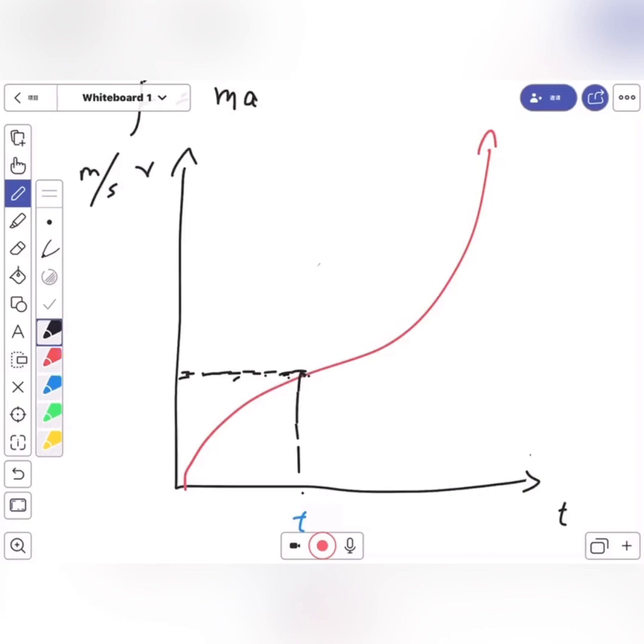Now let's choose two random points, this and this, because we also know that a is equal to change in velocity over change in time.